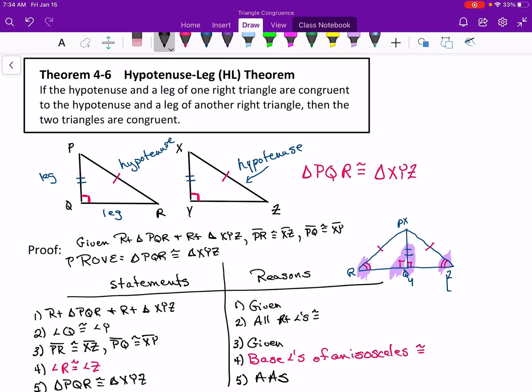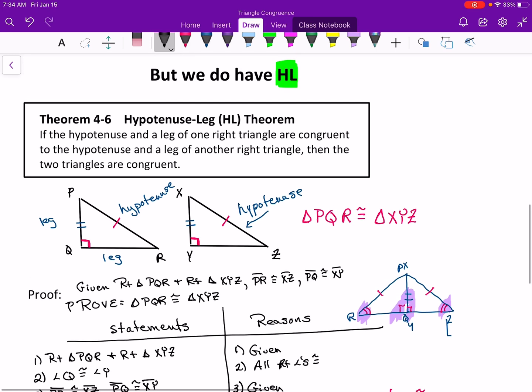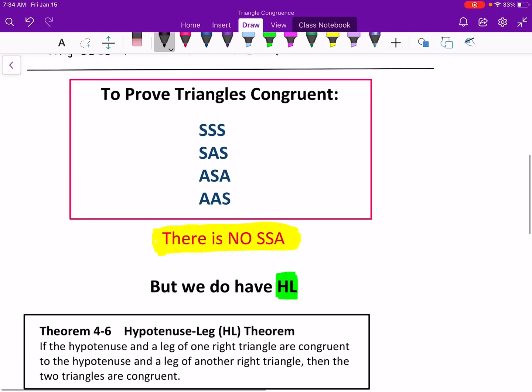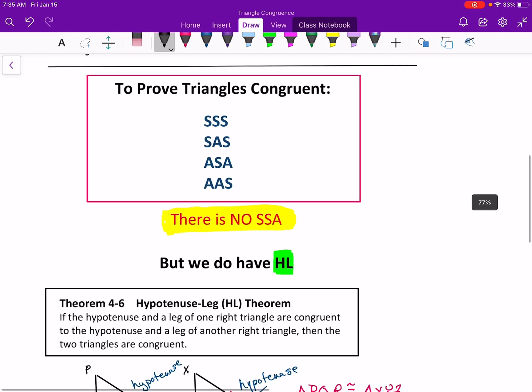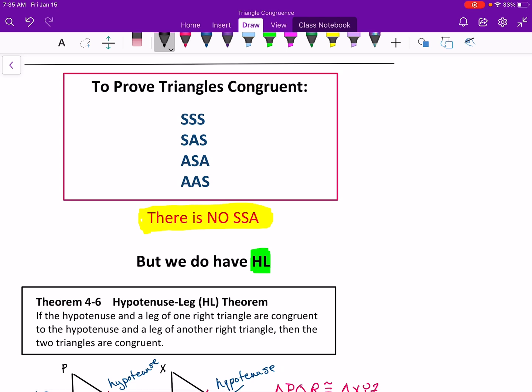I have an assignment on Canvas. It is identifying AAS, ASA, and HL in figures. Remember, if you use ASA, it has to be an angle followed immediately by a side and followed immediately by an angle. So two angles and the side in between.